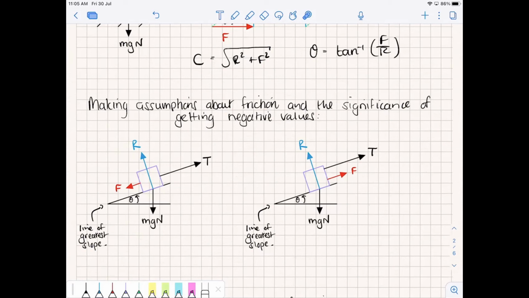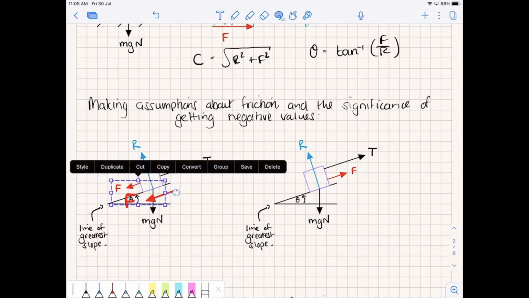If we consider the example on the left, in this case we could say that the tension, the pulling force up the hill, is great enough that the object is in motion.